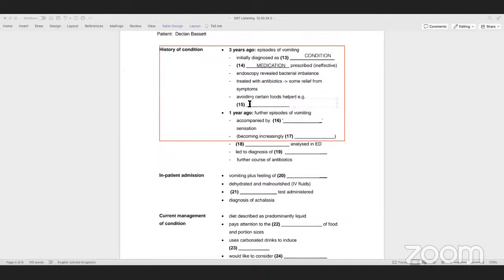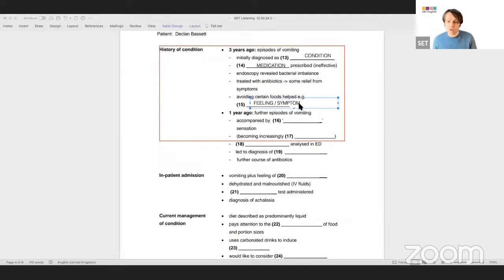Reduce some symptoms, some feeling. That one's a hard one. Avoiding certain food helps, e.g. So yeah, it will be food or diet kind of thing.